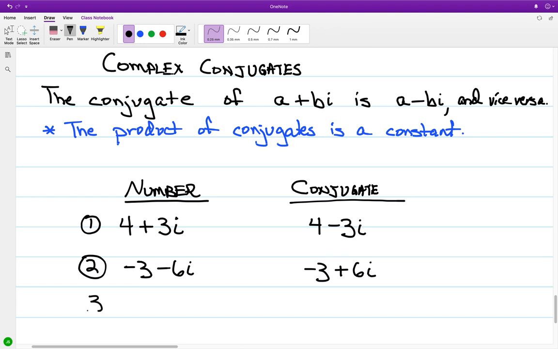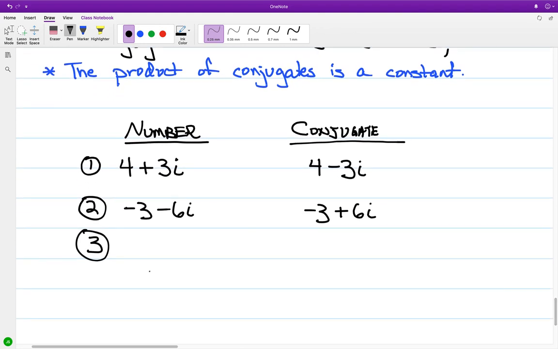And if we have, let's say for the third case, 17, the conjugate is going to be 17, and that could also be written as 17 plus 0i, or 17 minus 0i. They still both end up at 17.